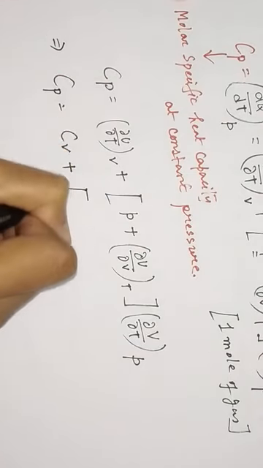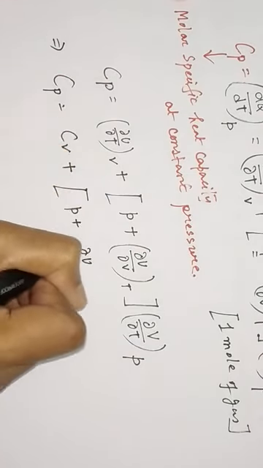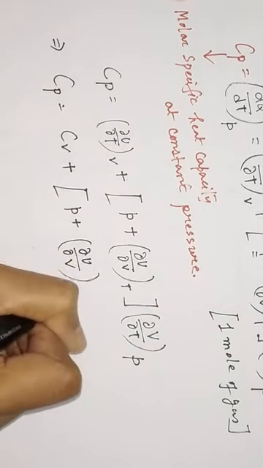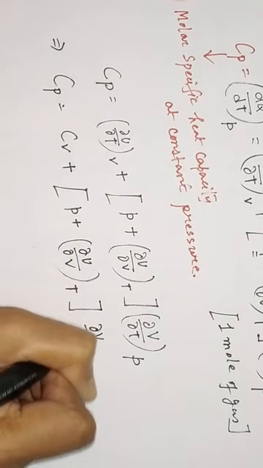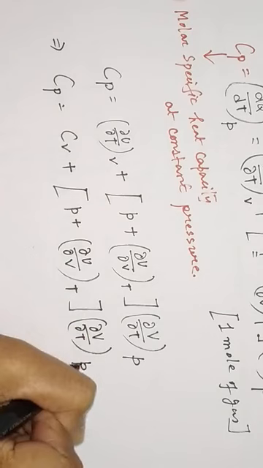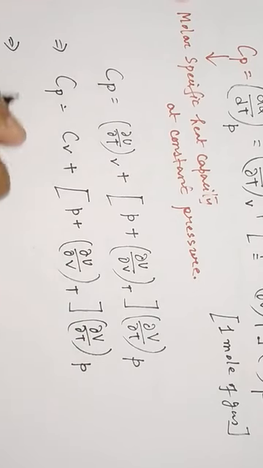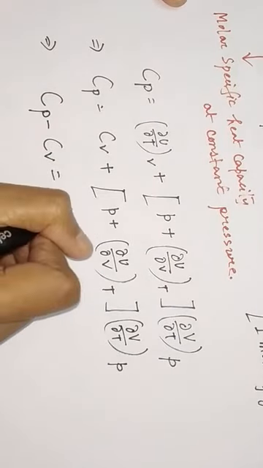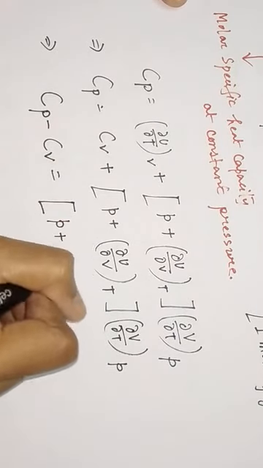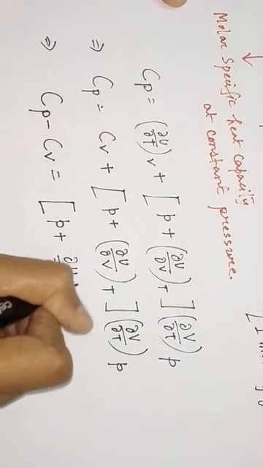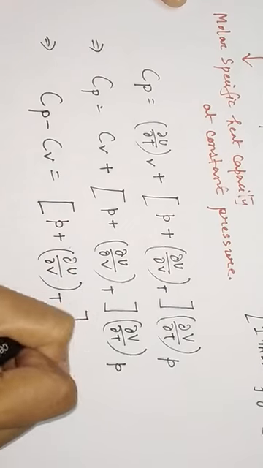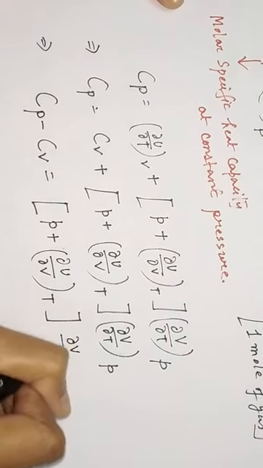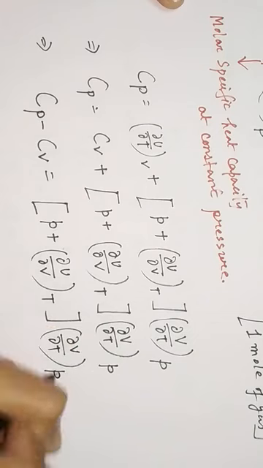Then we have plus the same terms. So Cp minus Cv is equal to P plus del U/del V at constant T into del V/del T at constant P.